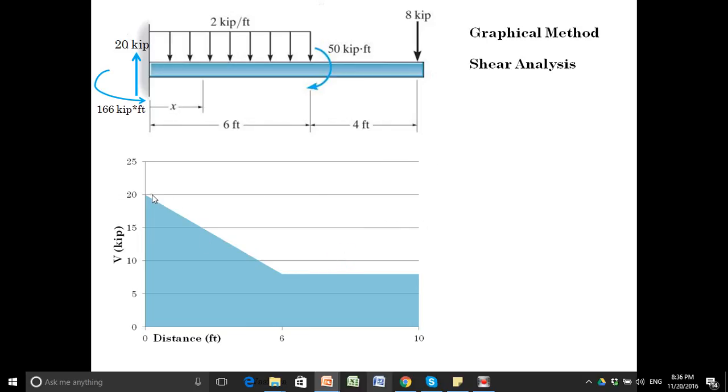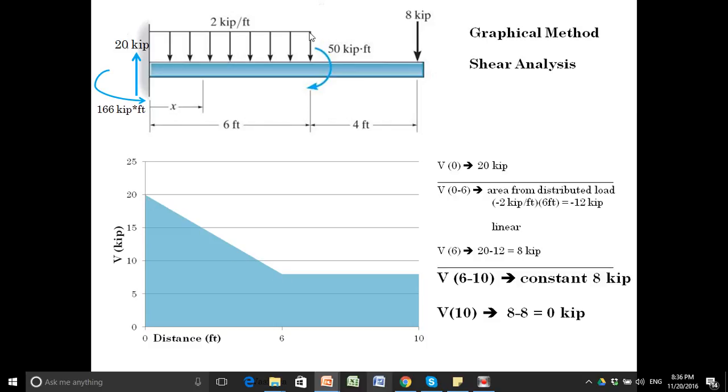So we're starting at 20, then we go linearly down to 8. From there, if you think about it logically, we have nothing really, no loads coming in here up until the very end. So that means from 6 to 10, we remain at a constant 8 kips because we have no load being applied up until the very end.